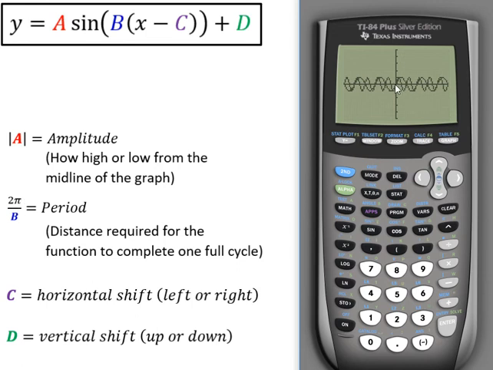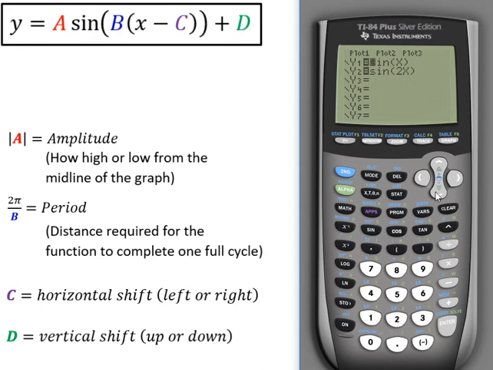So instead of going all the way out to 2 pi, it's going to have that same swooping motion, that same wave, in half of the amount of time. So it's going to be a lot more condensed. Think of a coil or a spring being compressed and squished. That's what that function is doing.